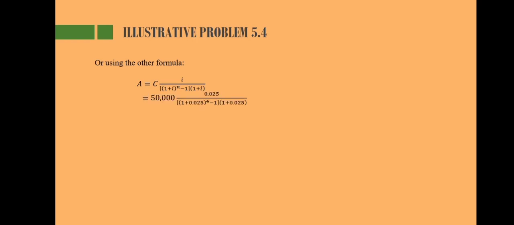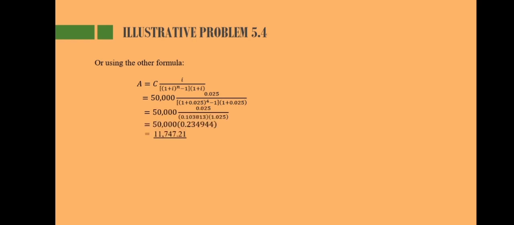Then, let's substitute the givens again. C is equal to 50,000, I is 0.025, and N is 4. So, now we have 50,000 times 0.025 over the quantity of 1 plus 0.025 raised to the power of 4 minus 1 times the quantity of 1 plus 0.025.